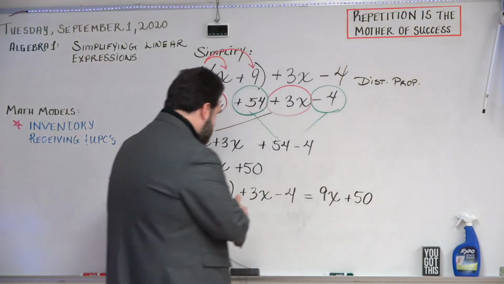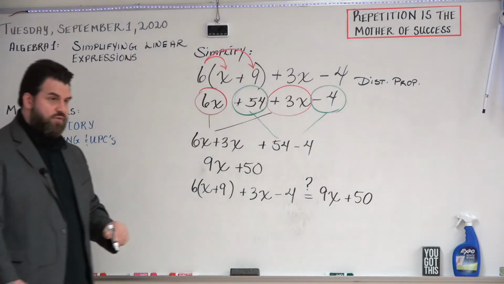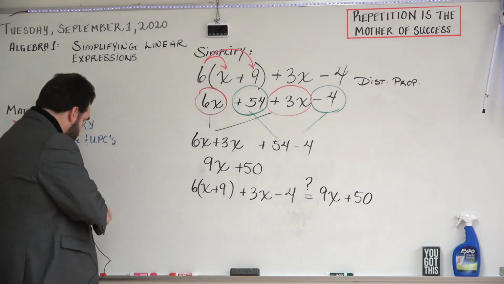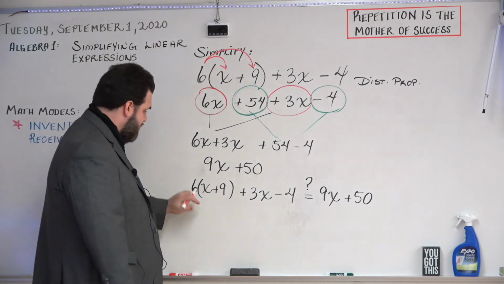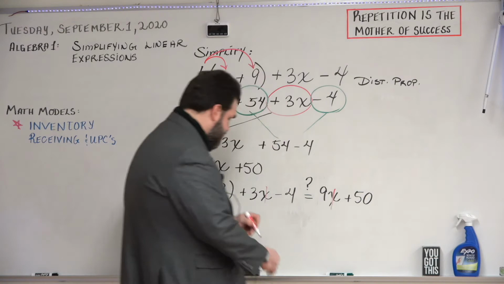And really, this equals sign has a question mark above it, because we're asking the question, does the left side equal the right side? Well, let's plug in 1 for x and see if it does. So I'm just going to plug in a 1 everywhere I see an x.